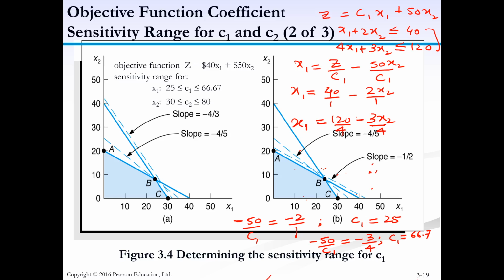So we can write that c1 is less than or equal to 66.7 or 67, and on the lower side we have 25. So we can establish the range for c1. We can do the same process for the second coefficient, which is 50, and establish its range by following the same procedure.